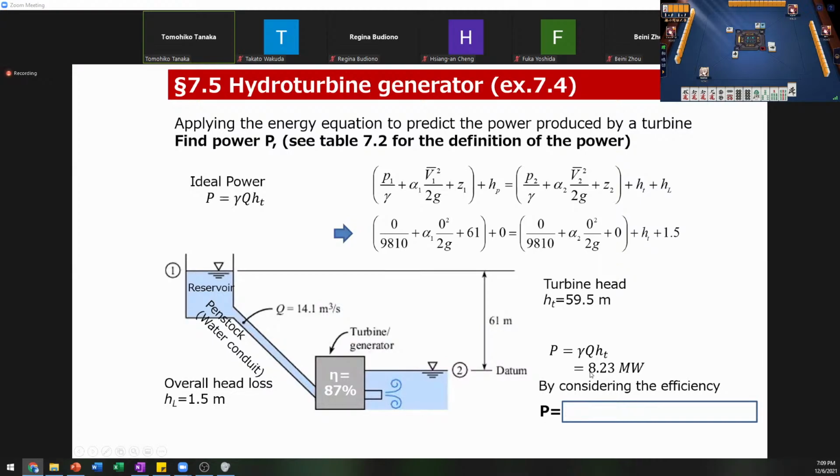But still, we have to consider the efficiency of 87%, so you multiply by 0.87 and you will get 7.16 megawatt. Yeah, you're right.